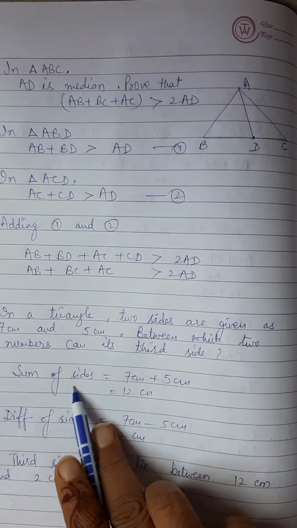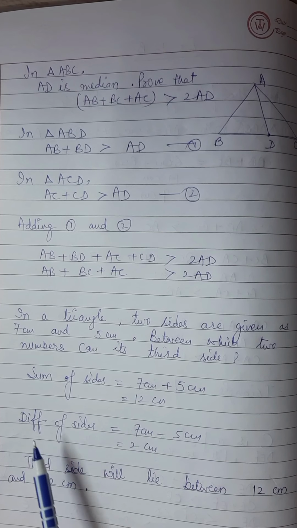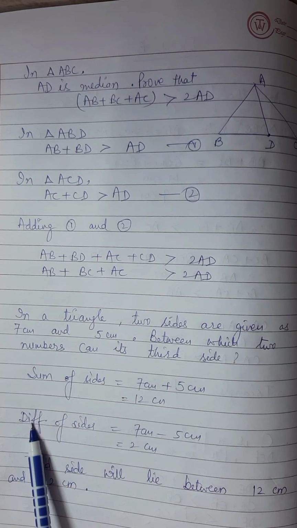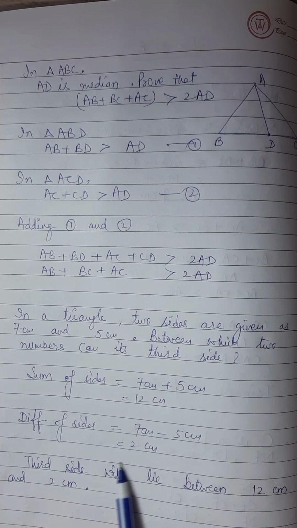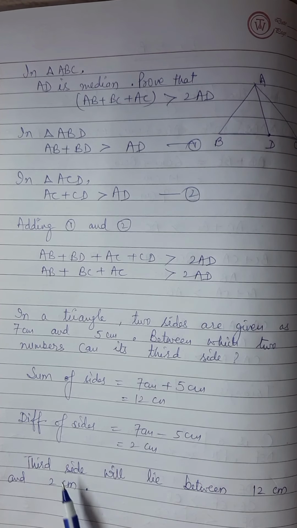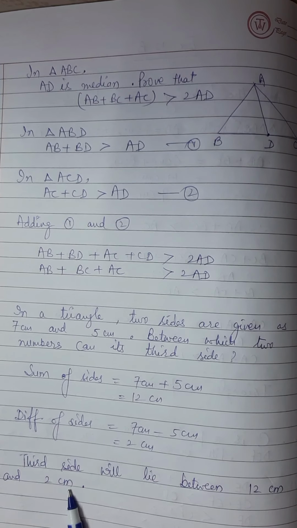So we find the sum of the sides: 7 plus 5, that is 12 cm. Now we find the difference also: 7 cm minus 5 cm, that is 2 cm. So that is the range. We write that the third side will lie between 2 cm and 12 cm.